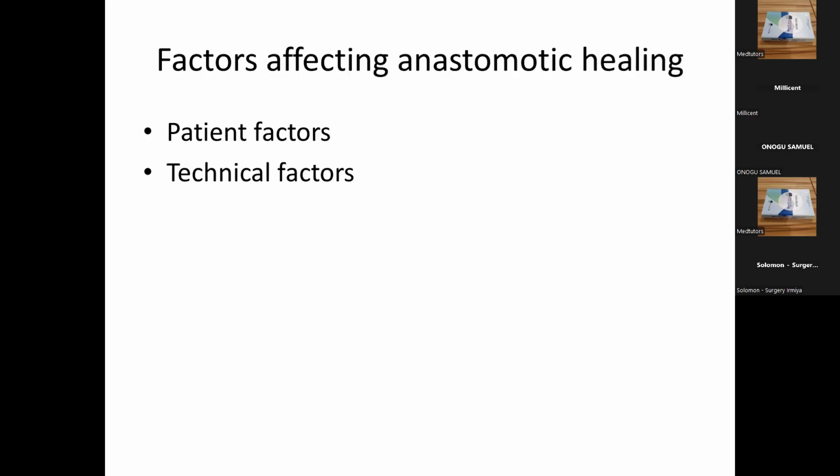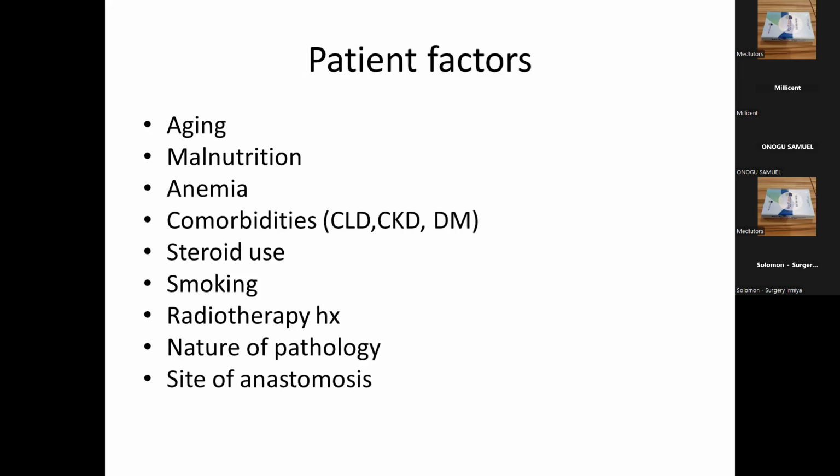So in general, the factors that affect anastomotic healing can broadly be classified into the patient factors and then the technical factors. Technical factors include both the technique, the method of the technique, and the various factors involved.